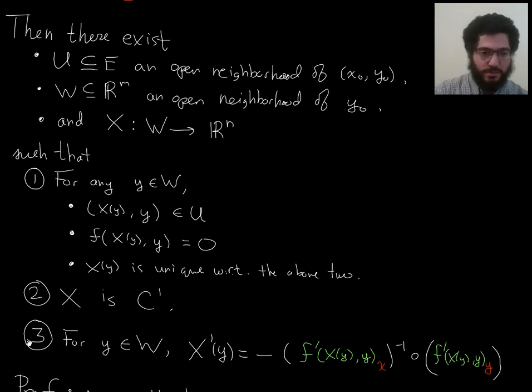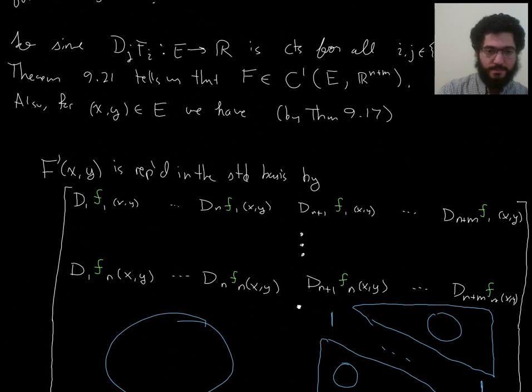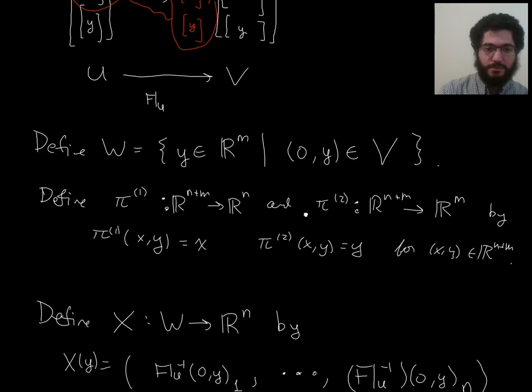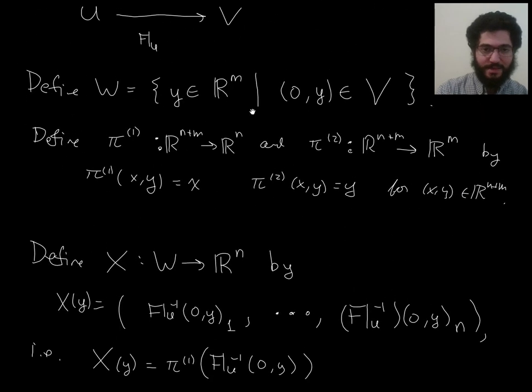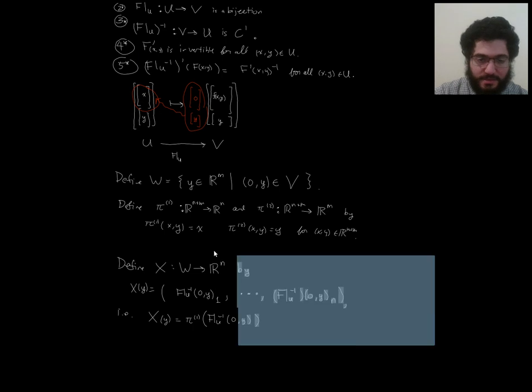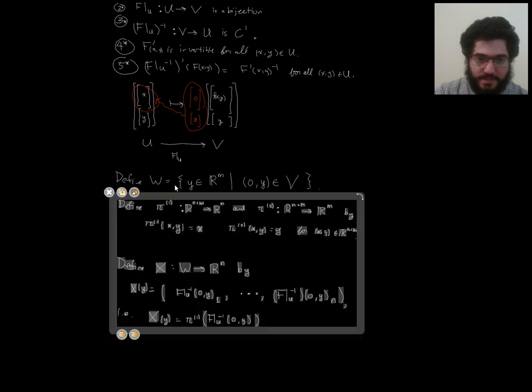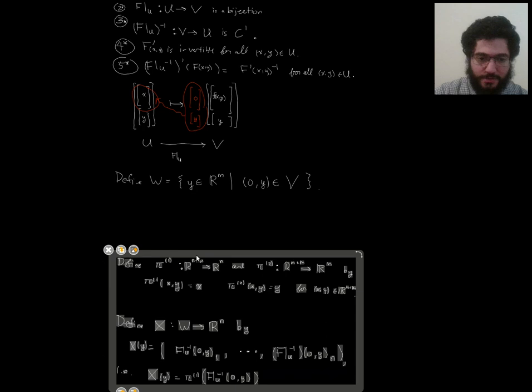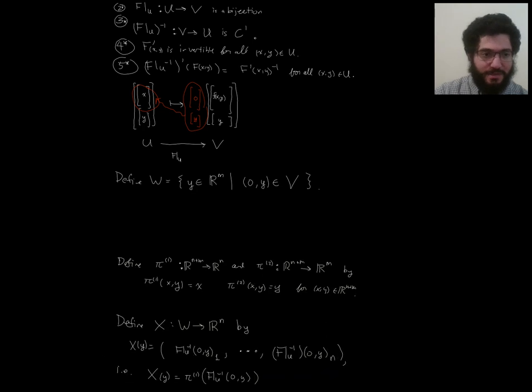And then I need to prove 1, 2, and 3. So it remains to prove 1, 2, and 3, and also to prove that w is open. Okay, so why is w open? This was the definition of w. So let me actually make some extra room here. Move this stuff down, and then I'll talk about why w is open right after I mention w.